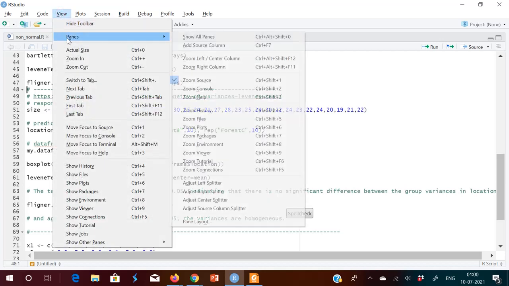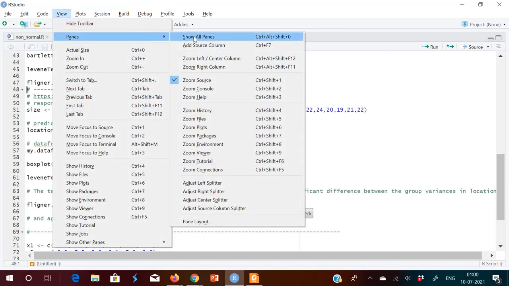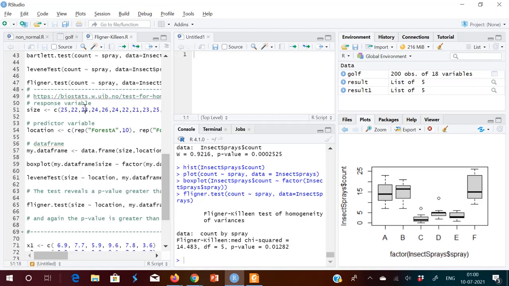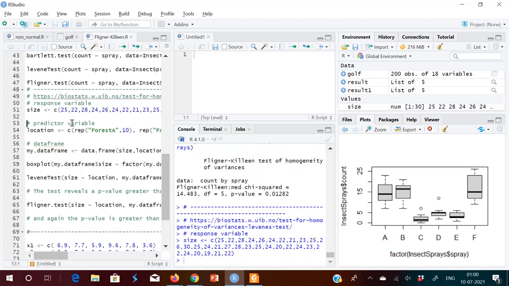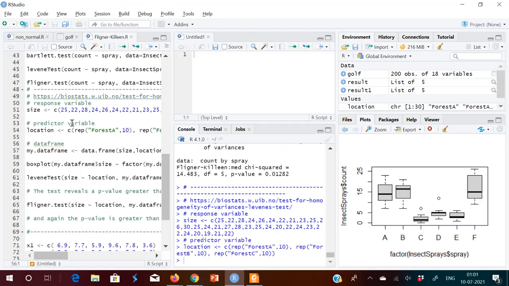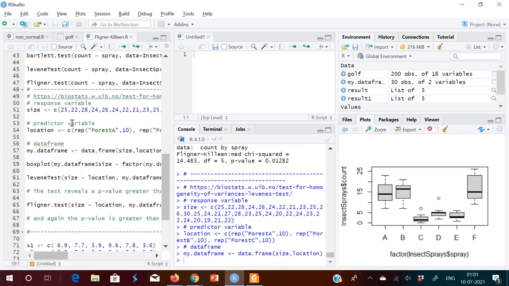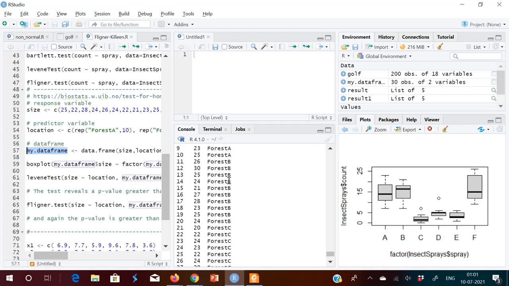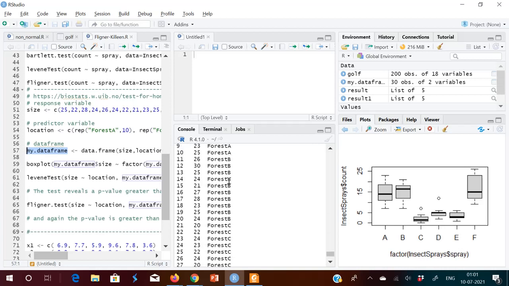So I'm making a vector, and then location and the vector. I'm combining that. Now let us see what is there in that data frame. 30 numbers were there.